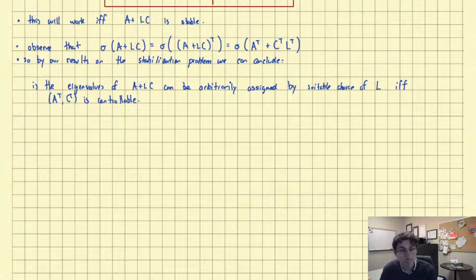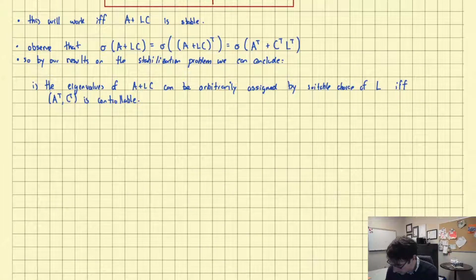Okay, because again, by what we saw last class, if A transpose C transpose are controllable, I can figure out an L transpose to make those eigenvalues anything I want, and that means I can make these eigenvalues anything I want because they're the same eigenvalues.